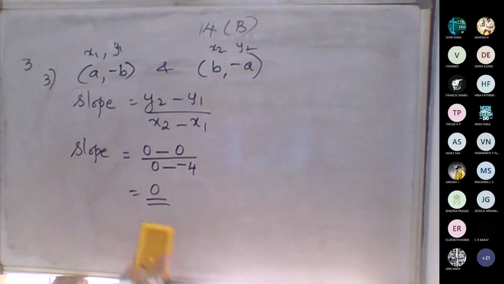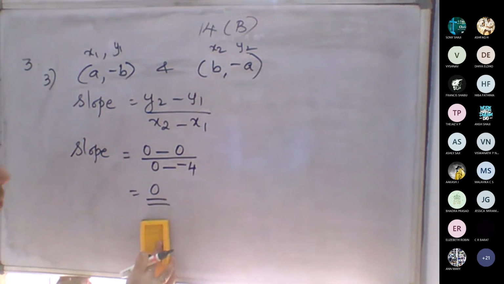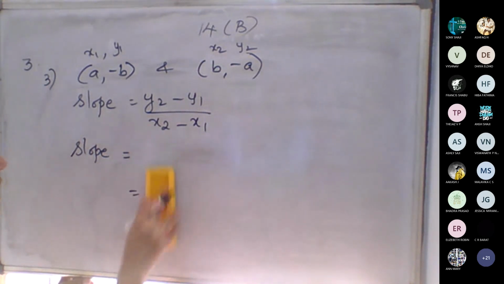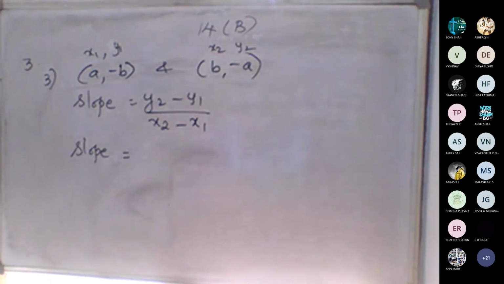Third one, A, negative B, B, negative A. y2 minus y1 divided by x2 minus x1.